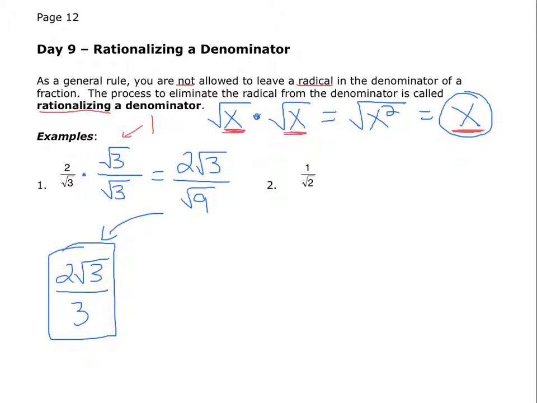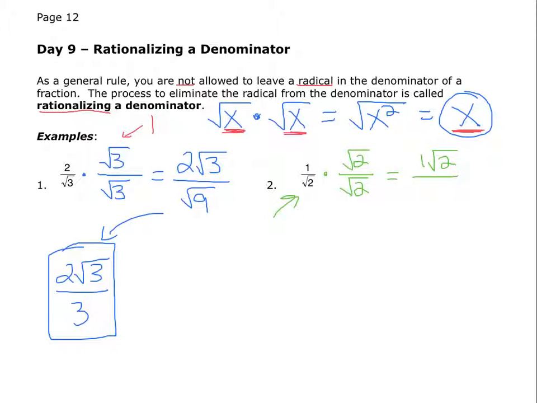In the next example, I am going to try to rationalize 1 over radical 2. In order to do this, I am going to multiply this by another fraction. The radical in the denominator is radical 2, so I'm going to multiply the top and the bottom by radical 2 to help eliminate the radical in the bottom. 1 times radical 2 in the numerator is simply 1 radical 2.